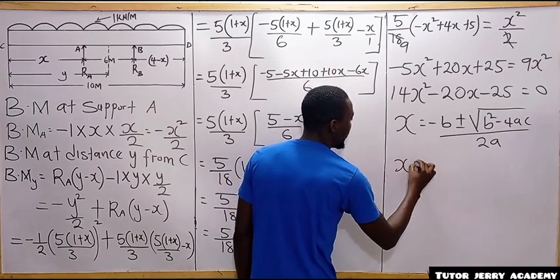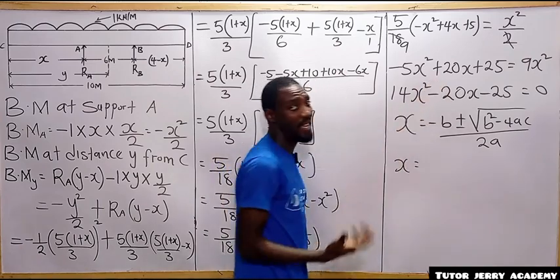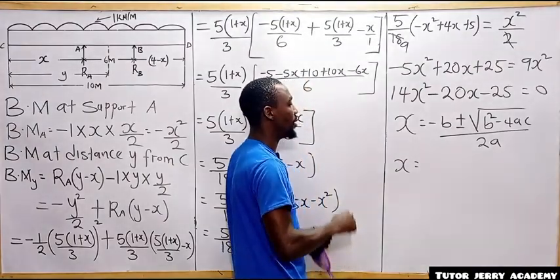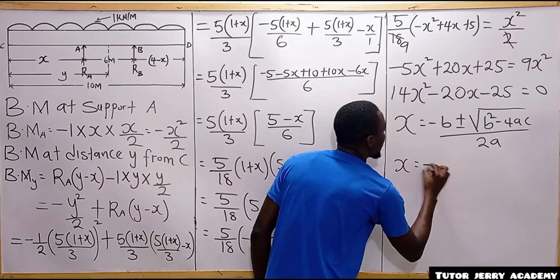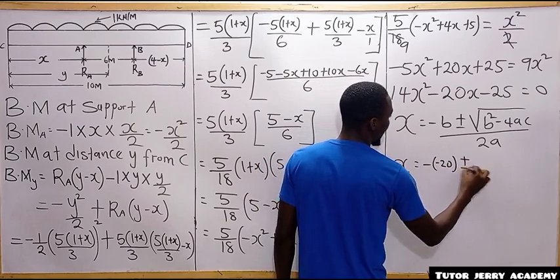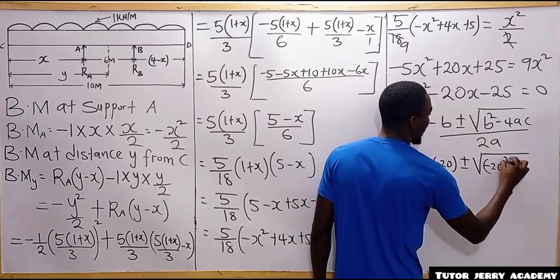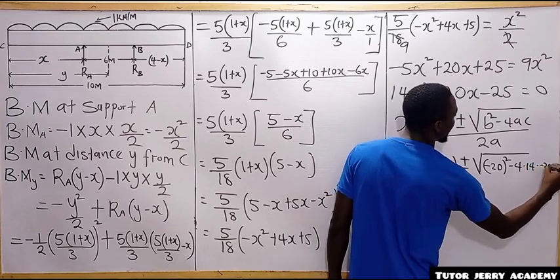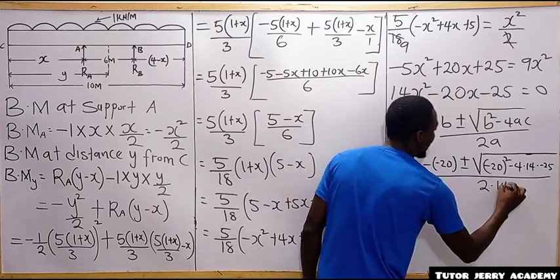Here our S will be equal to, now you are going to recall carefully that the coefficient of S squared is our A, the coefficient of S is our B, and negative 25 here is going to be our C. So if we do that, we are going to have minus minus 20 plus or minus the square root of minus 20 squared minus 4 multiplied by A, which is 14, multiplied by C, minus 25, all over 2A, which is 2 multiplied by 14.